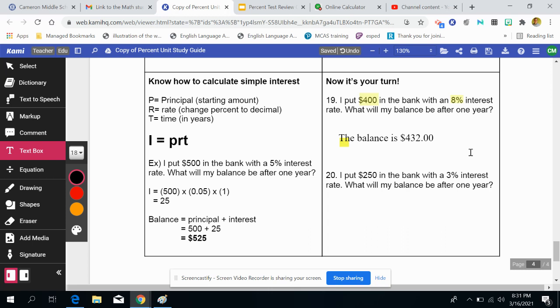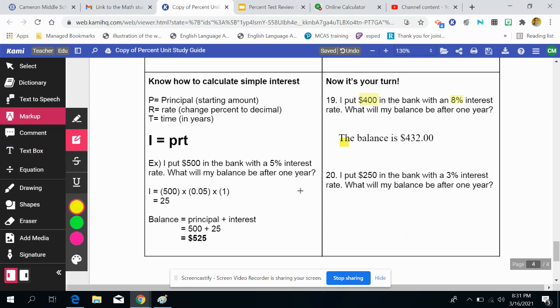Number 20 is very similar, just some different numbers. So let's mark it up. I put $250 in the bank with the 3% interest rate. What will my balance be after 1 year? So let's see. I'm going to highlight $250 because that's my principal.